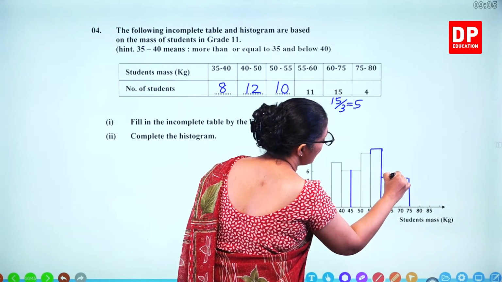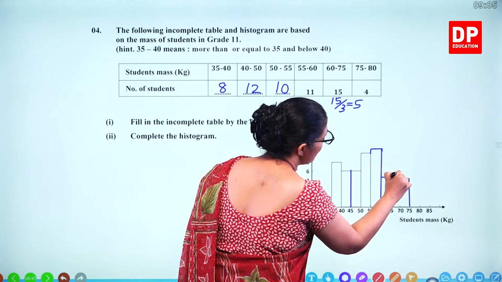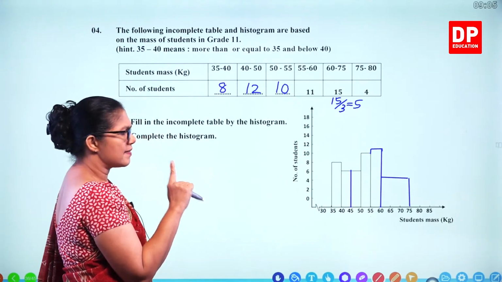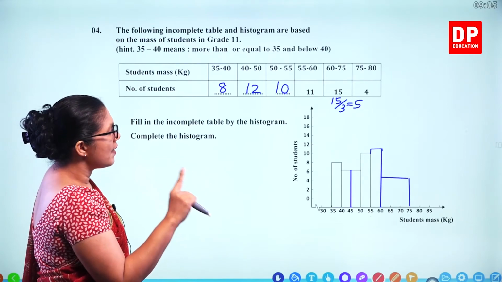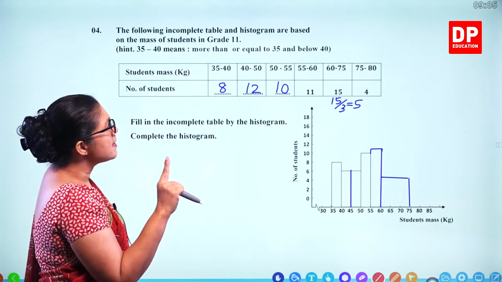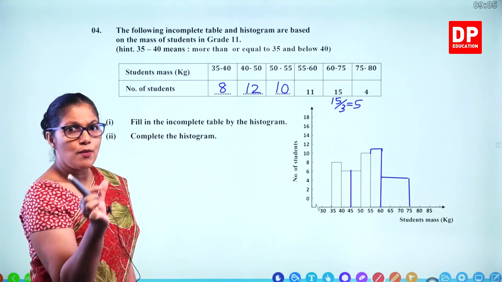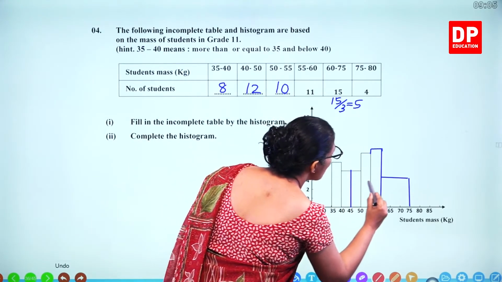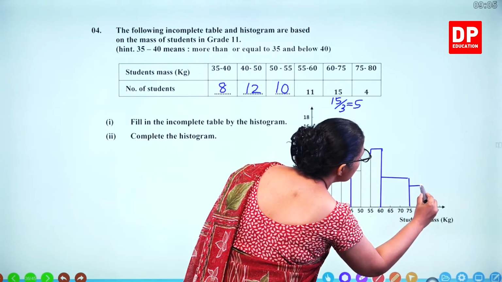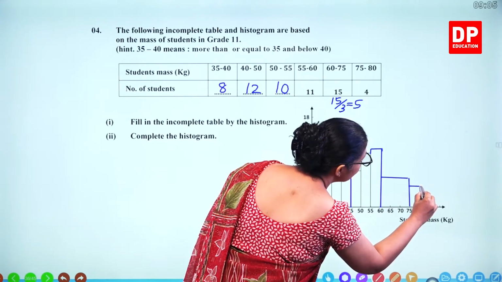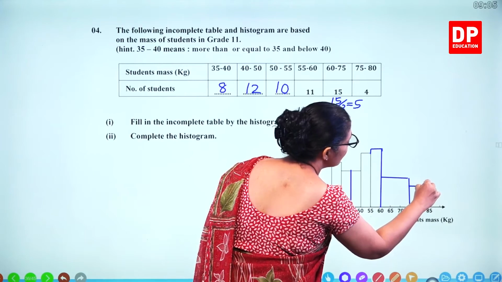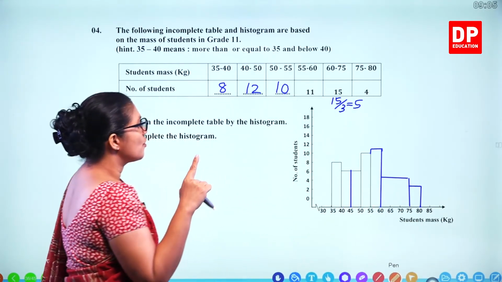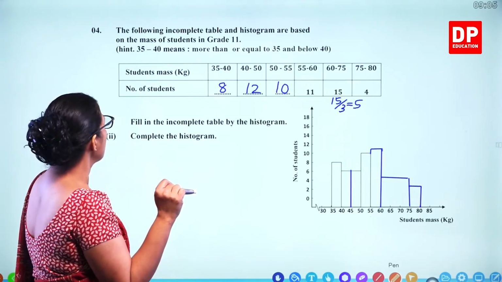If you want, you can draw the bars, but without lines, you can keep it like this. 60 to 75, that's 5 each. Then 75 to 80, again the width is okay, so that's 4. So you can draw a line 75 to 80. That's the bar here. So that's the histogram.